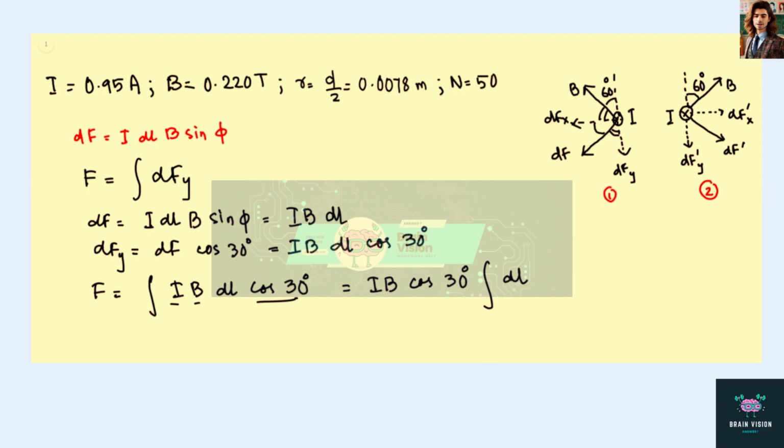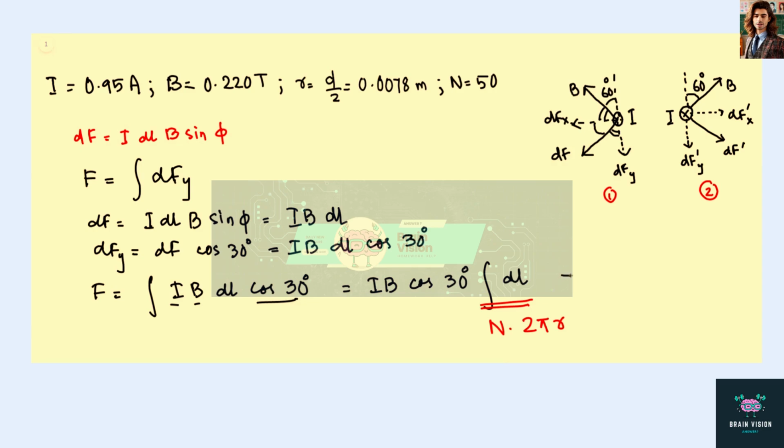This is going to be the number of turns of the wire times the circumference of the coil.